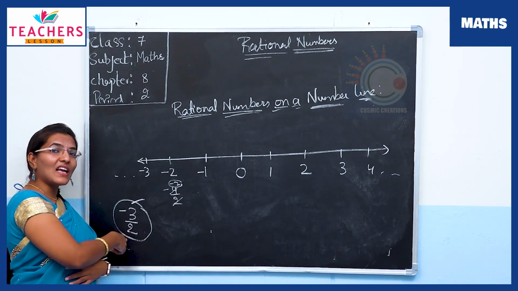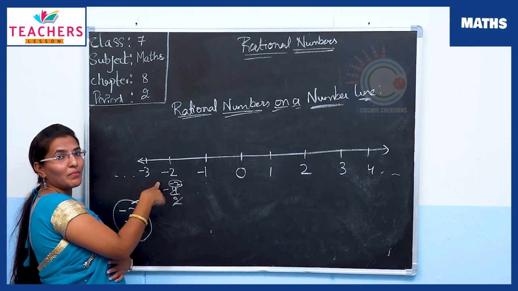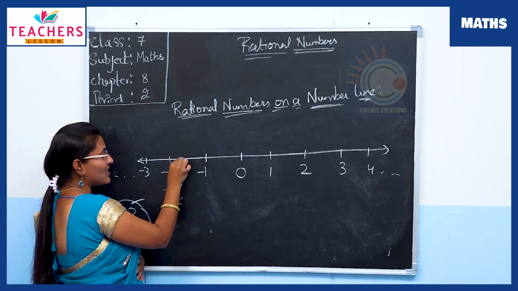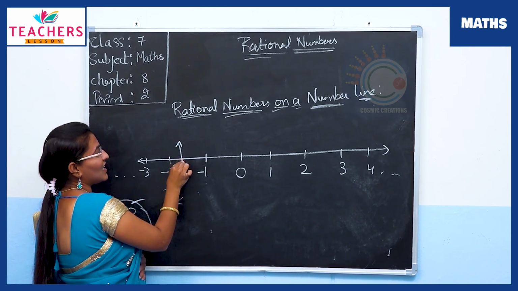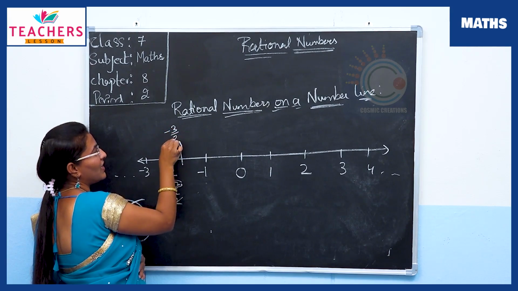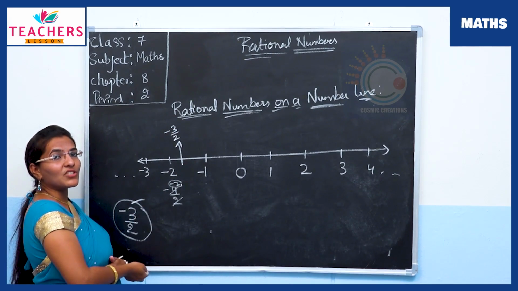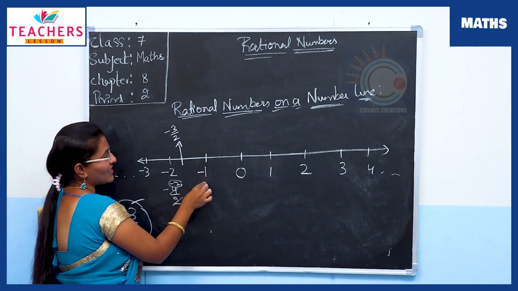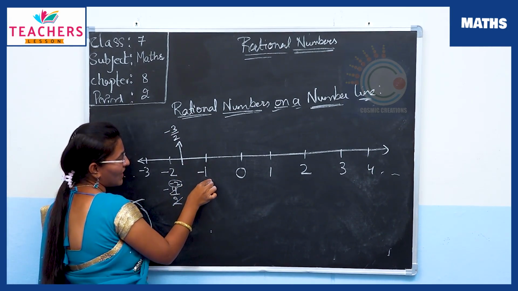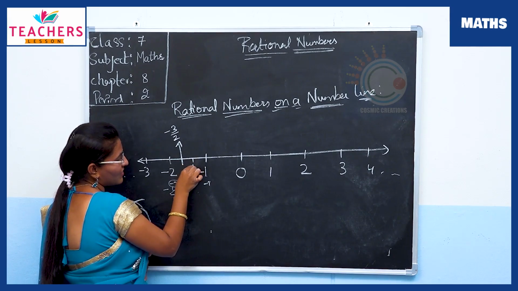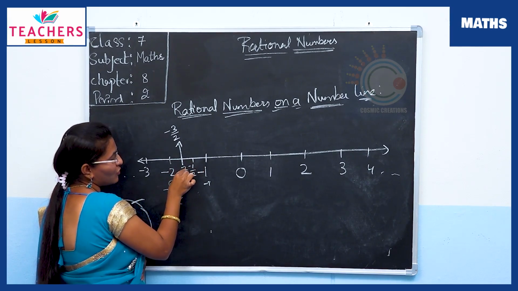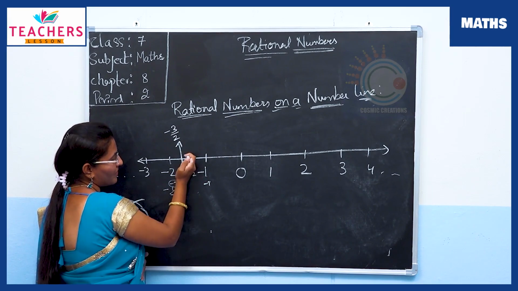So obviously it lies between minus 1 and minus 2. So minus 3 by 2 lies here. And what all numbers can lie between minus 1 and minus 2? Can you see? Yes, obviously minus 1, minus 1 by 2, minus 2 by 2, sorry.